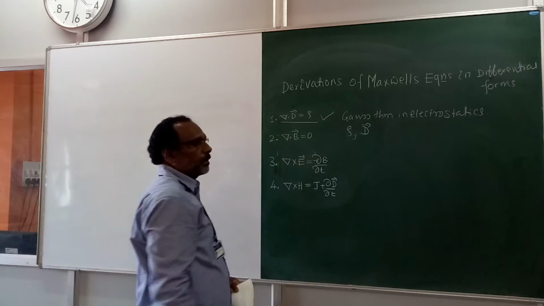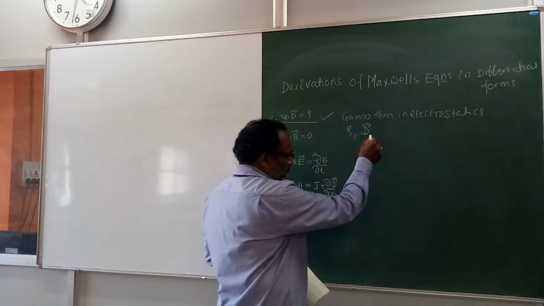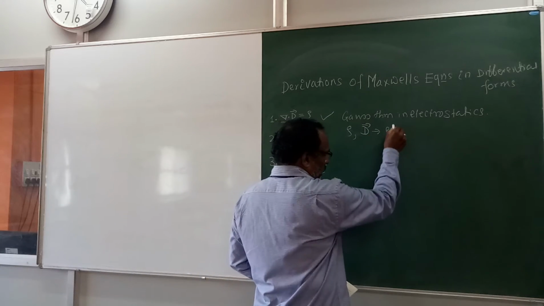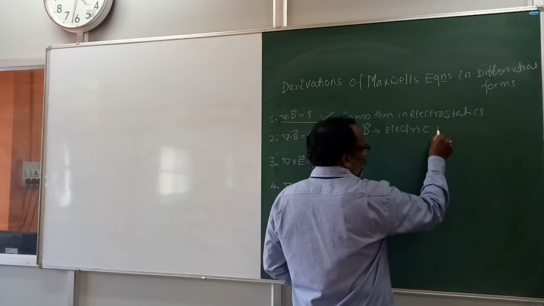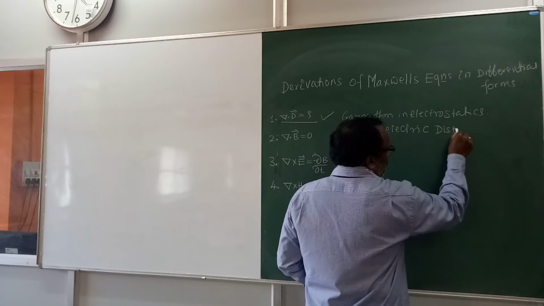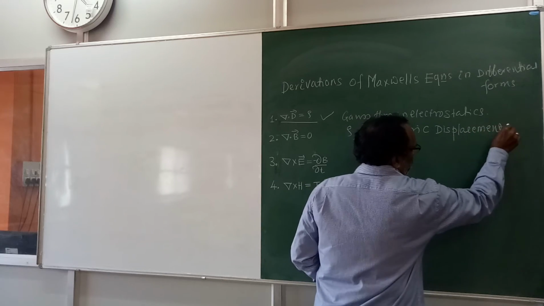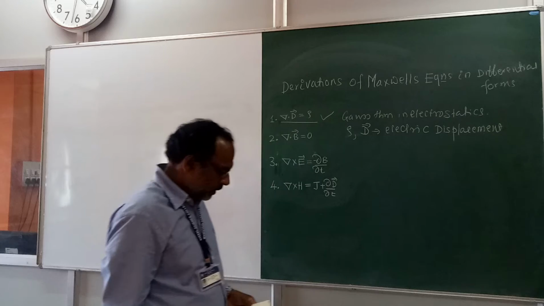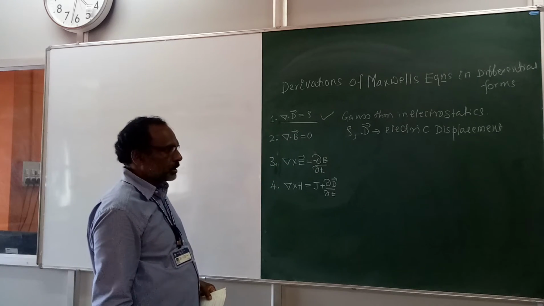we will just get acquainted with this equation. We have discussed this. This is nothing but electric displacement, normally we call it electric displacement. So we need not worry about the units and other things.